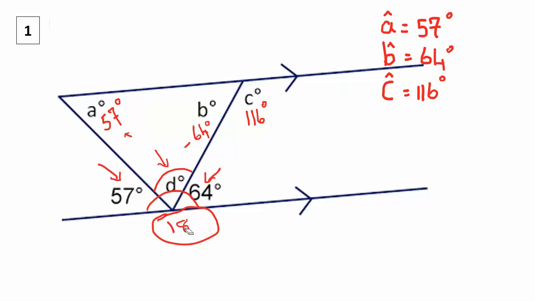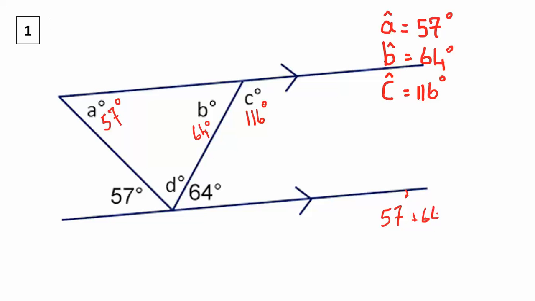So let me get rid of this quickly. Everything we've done here, that I need to get rid of, and that I need to get rid of. Okay. So if we add 57 degrees plus 64 degrees, it's going to give us 121 degrees.